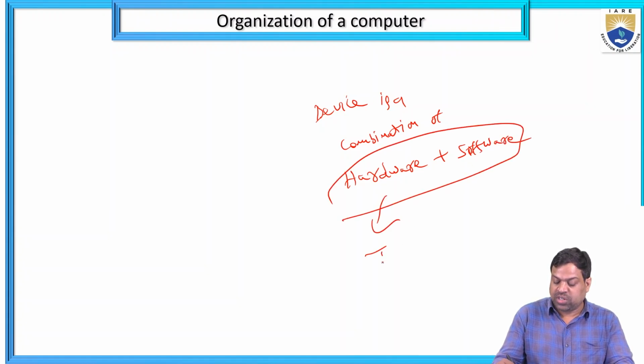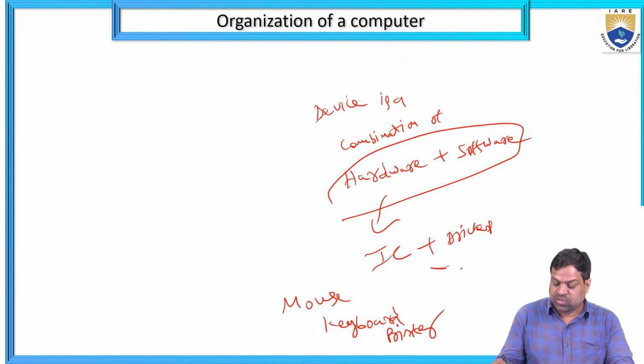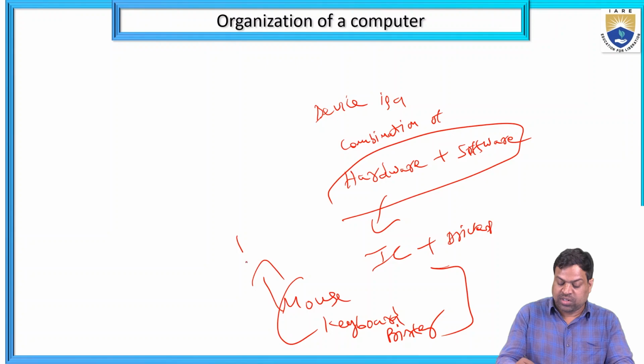So hardware means a combination of some ICs. Software means drivers; install the drivers. So whether I'm taking a mouse, keyboard, or printer, for any of this hardware we need software or drivers. We need to install drivers.